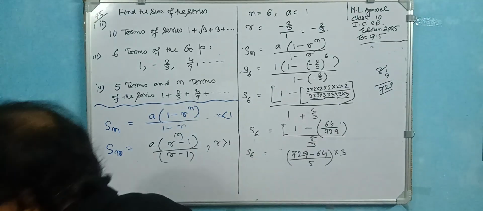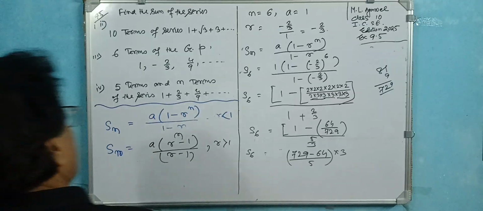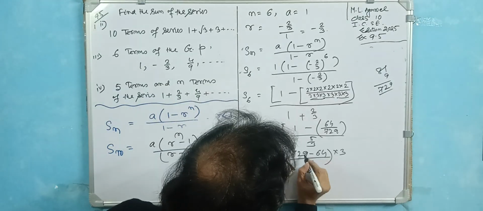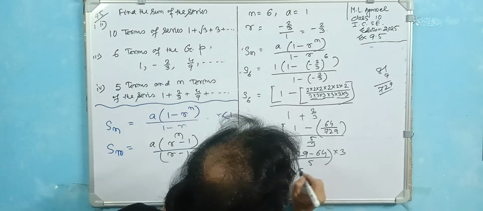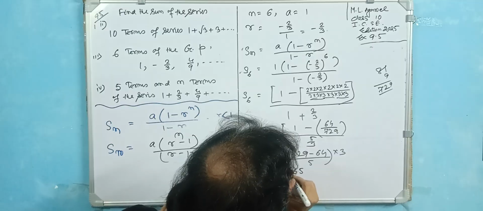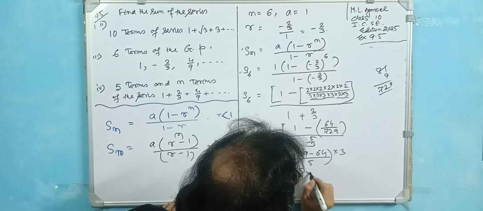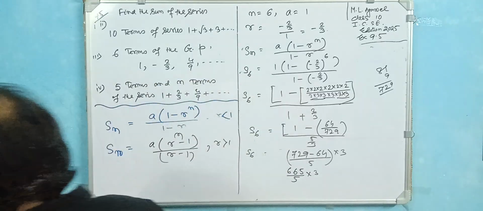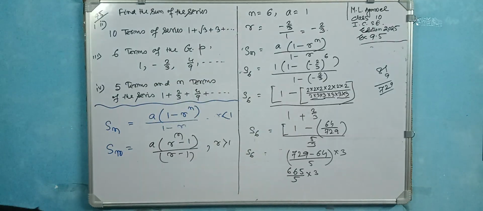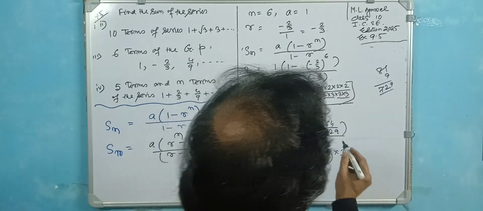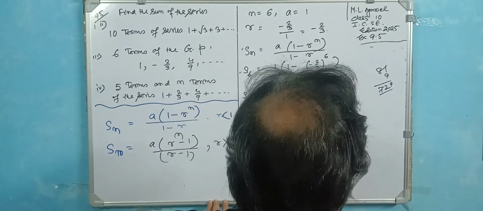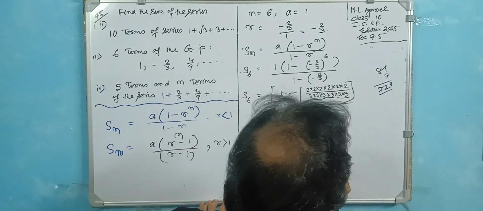So this is 9, this is 5, this 6 by this into 3. And where is the 792?